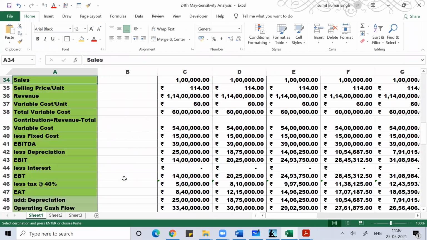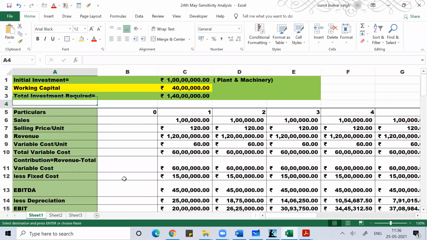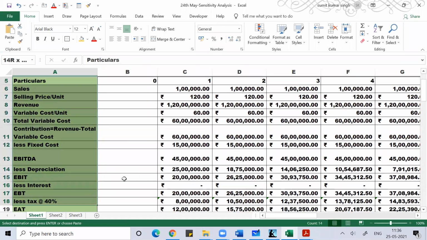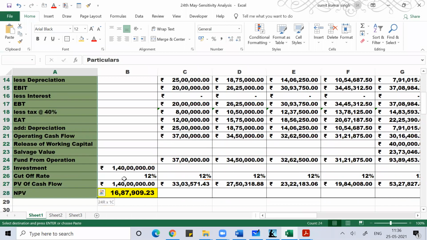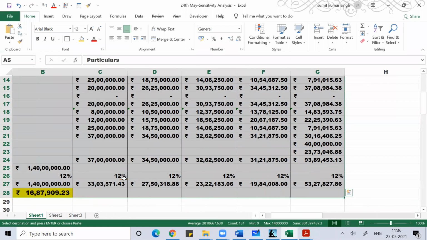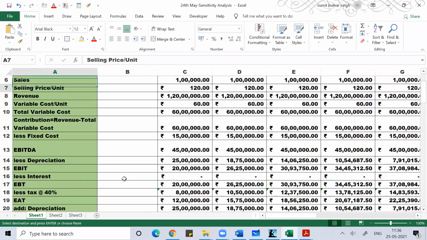Now copy this part and complete the calculation. Copy from here.